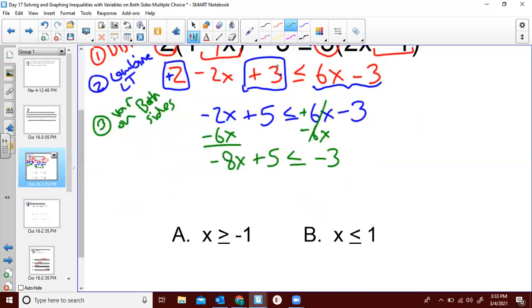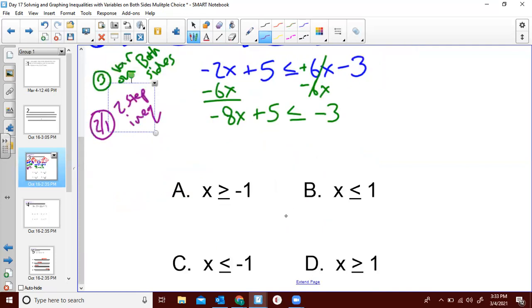All right. So now we're to what I like to call the second and last step, which is a 2-step inequality. And we've been working with these quite a lot lately, so there really shouldn't be any issues here.